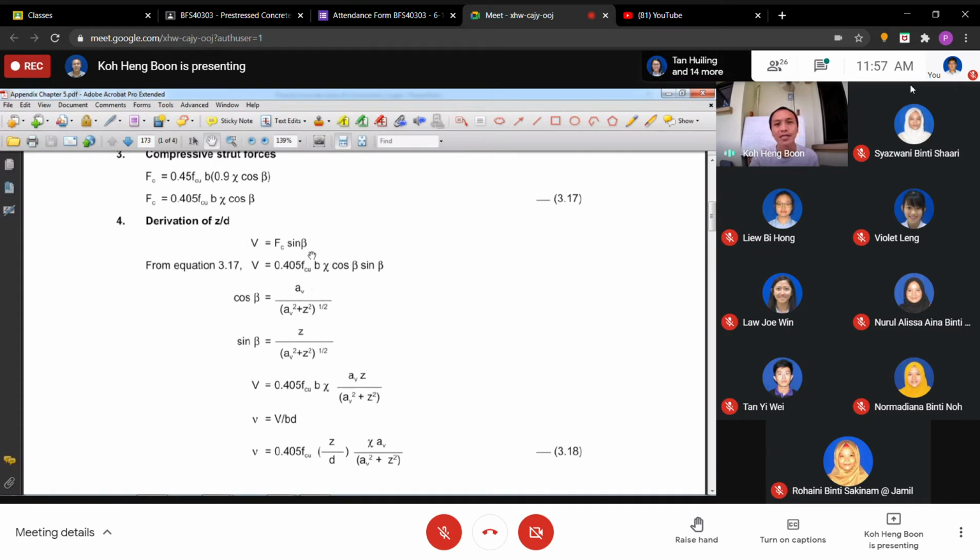V equals FC sin beta, where V is the vertical load, and so on.